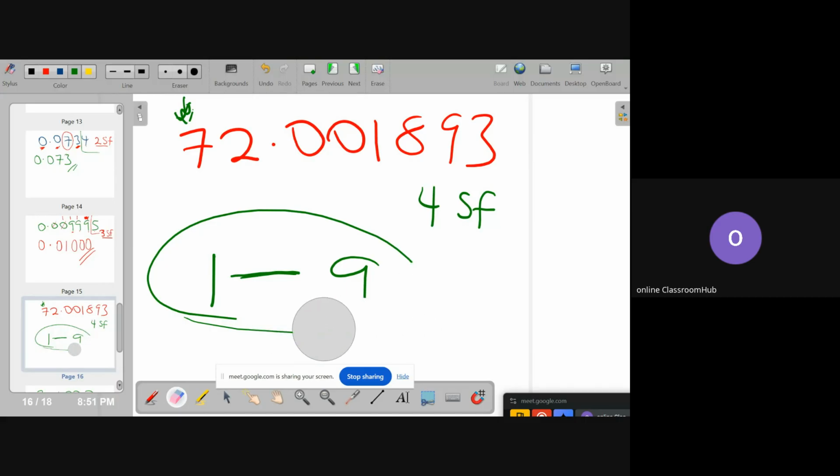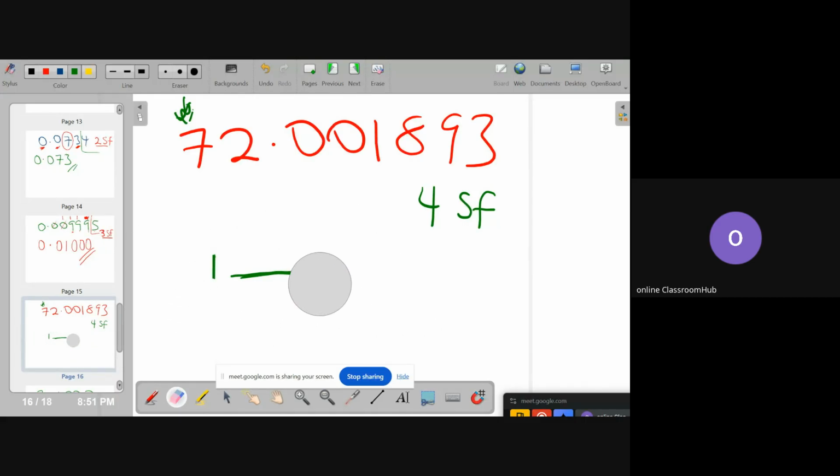And as I said, once you get your first SF, any number that follows it is significant. So since 7 is our first SF, automatically 2 becomes our second SF. And once 2 is our second SF, the next number after 2 is 0. So 0 is our third SF, 0 is our fourth SF.